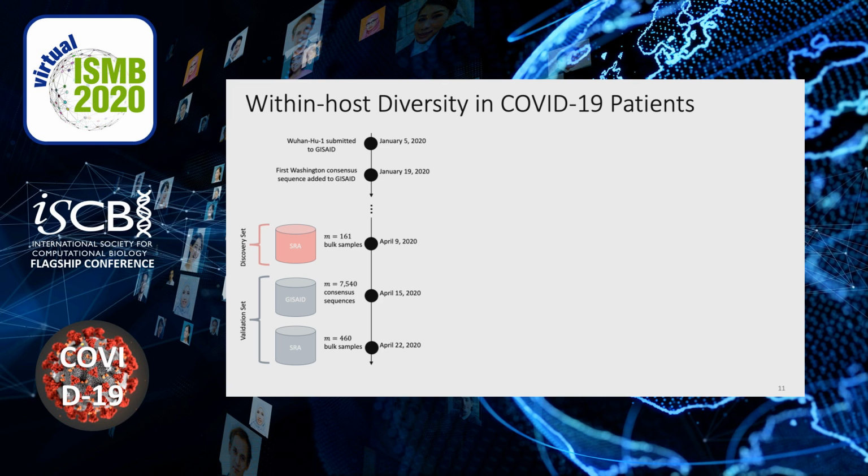Our validation set comprises of 7,540 consensus sequences from GISAID and 416 bulk sequencing samples from SRA that were not included in the discovery set and deposited before April 22nd. And this validation set is used to validate the identified strains that we get from the discovery set.